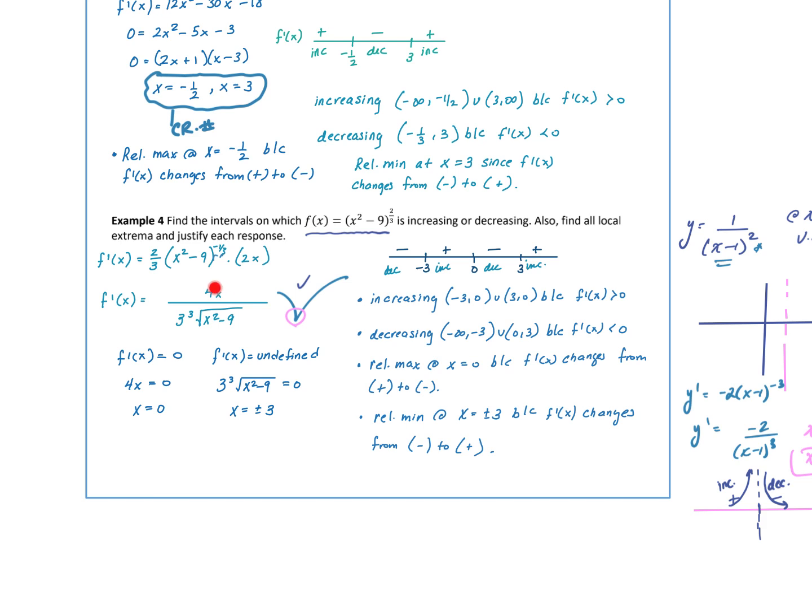Usually you can kind of just get a feel for it, and then answer the question. So increasing because f prime is greater than 0. Decreasing because f prime of x is less than 0. A max at, because f prime changes, and you have to be very specific, from positive to negative, and a min where it changes from negative to positive.